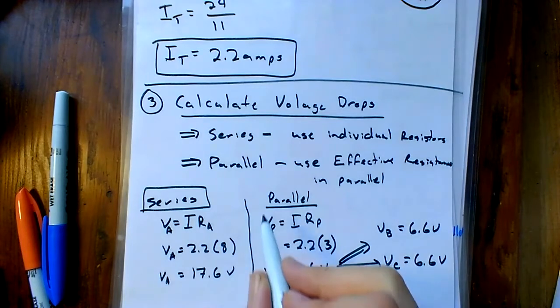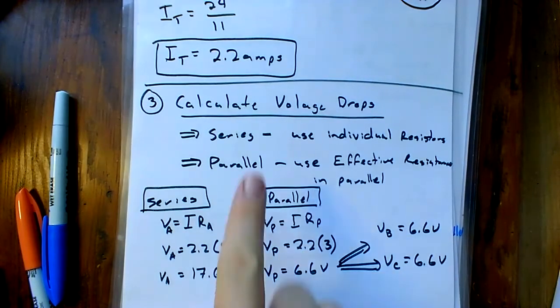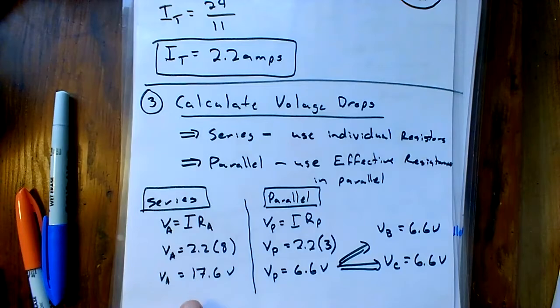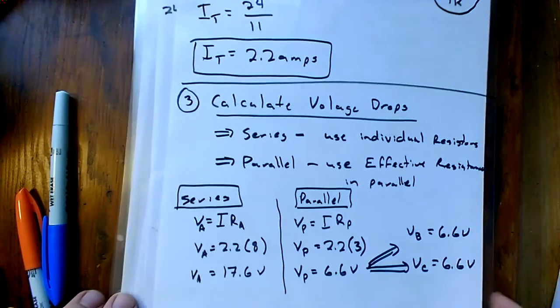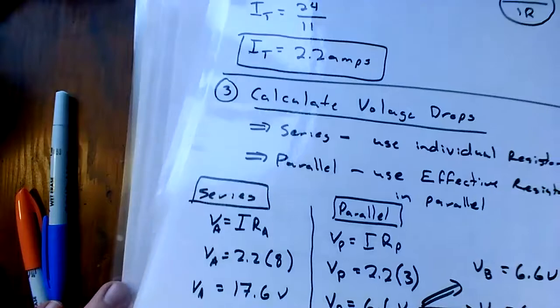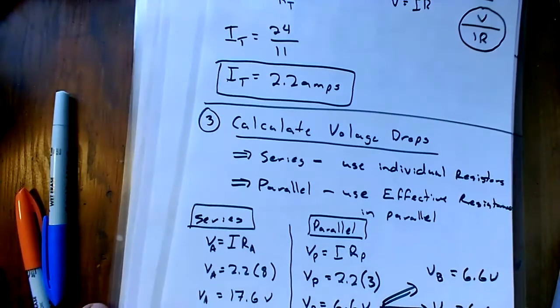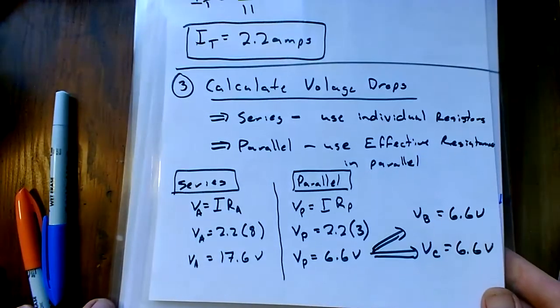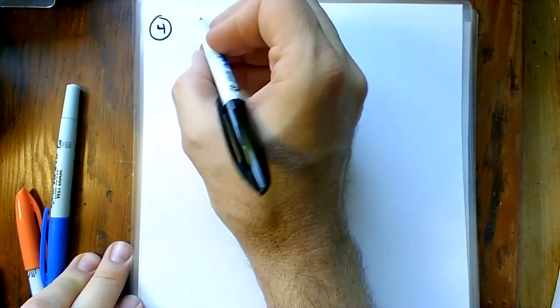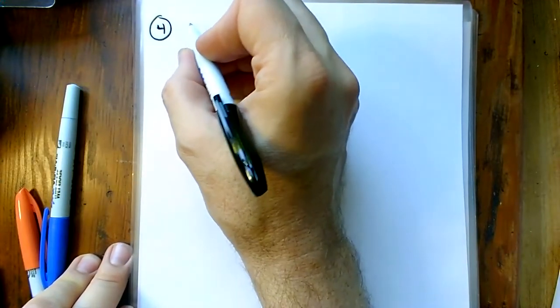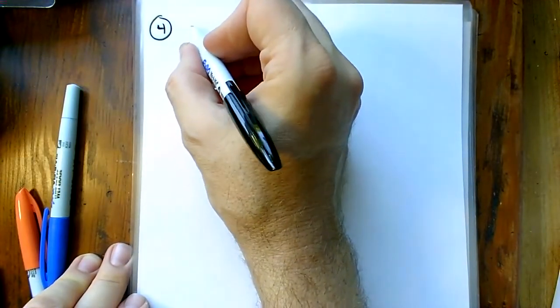And now that we have our voltage drops across all of our resistors, now we can figure out what the current through each resistor is. So our last step with this is we're going to calculate the current through each resistor.